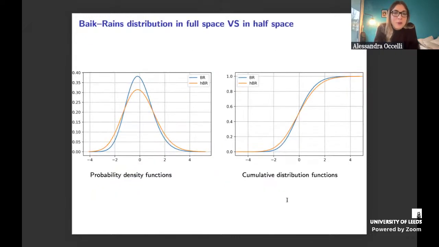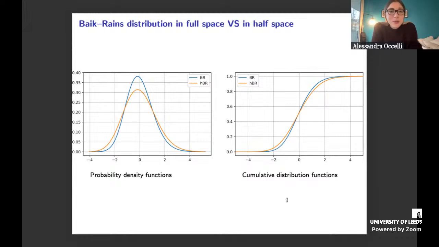Okay, so what is the advantage? Before describing the distribution, let me show you a couple of plots. The advantage of the formula that I will present later is that it is very easy to do numerical simulations.